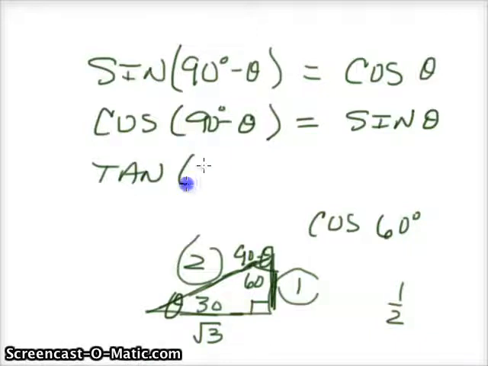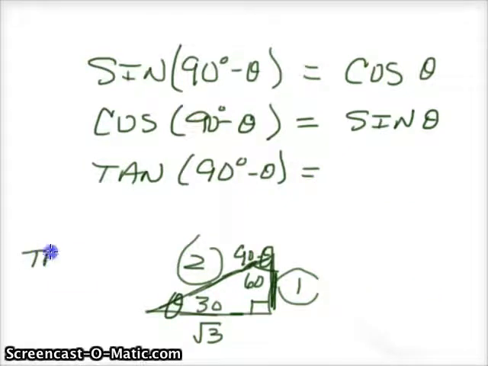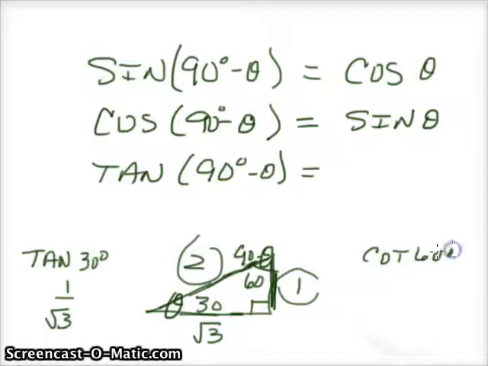What is tangent of 90 minus theta? Good question. Let's see if we can answer that. Okay, so one way to answer this is, what is tangent of 30? Tangent of 30 is 1 over radical 3. What is cotangent of 60?